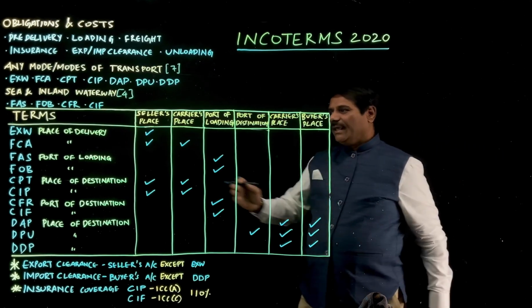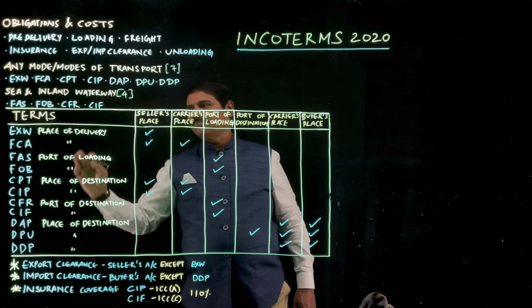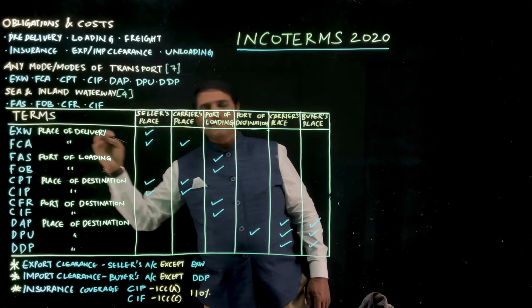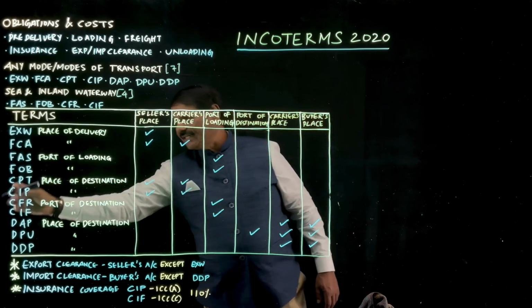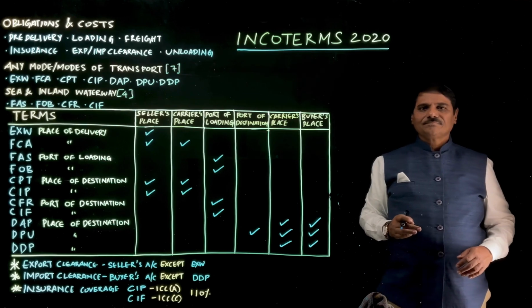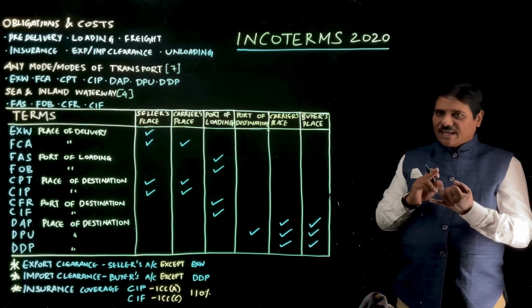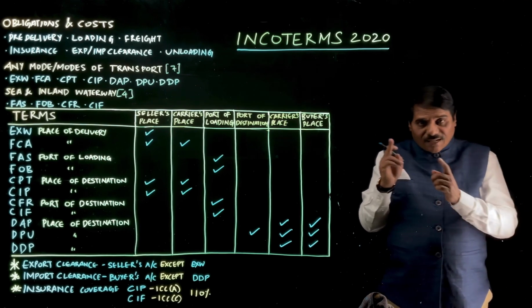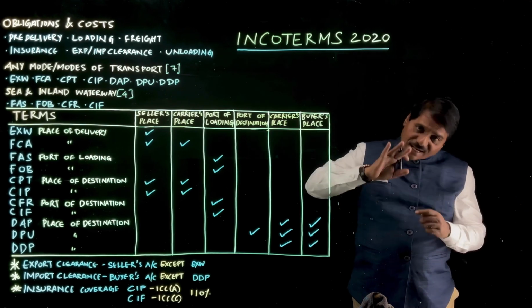So far, in E term we have one term, in F series we have FCA, FAS, FOB, 3 terms are there. In C series, you have 4 terms. In E series, F series and C series, seller's risk is passing to the buyer in seller's country only.